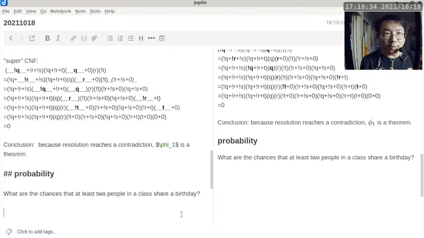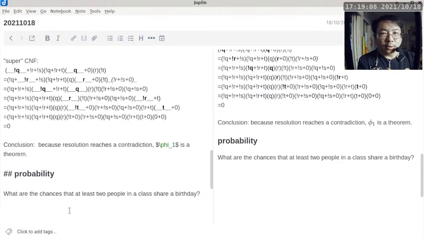On the other hand, if you look at the flip side, that it is not the case that at least 2 people in the class share a birthday, that turns out to be an easy thing to process, because what you're asking is what are the chances that everybody has a unique birthday, that no one shares a birthday with anyone else in the class. That turns out to be an easier problem to solve. So our event is basically trying to count the cases of this happening, but what we want to do is work on the complement of the event.